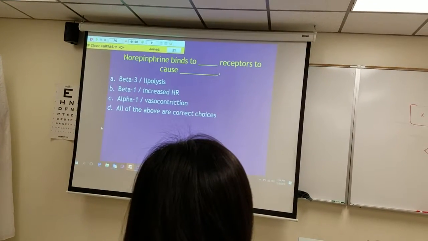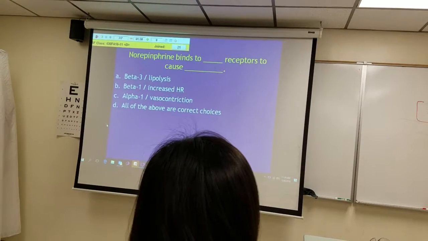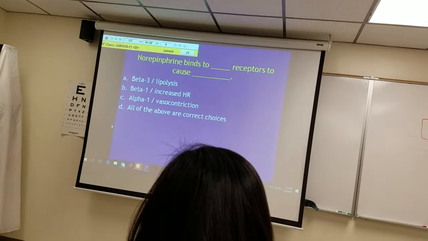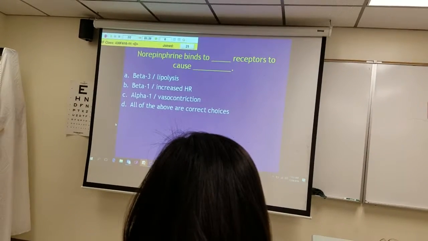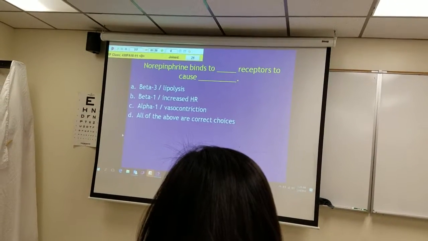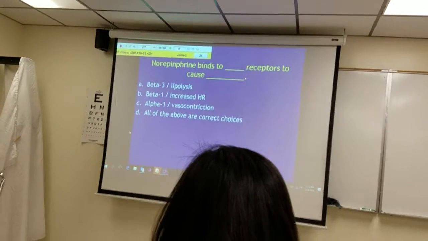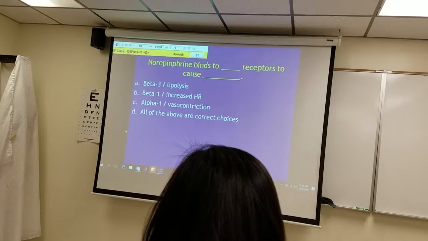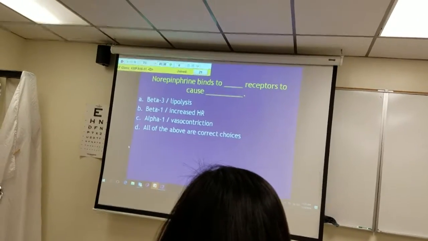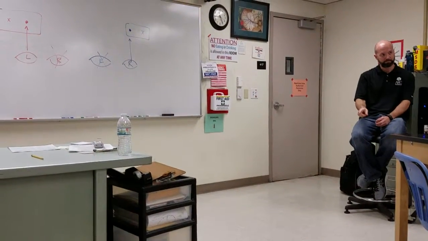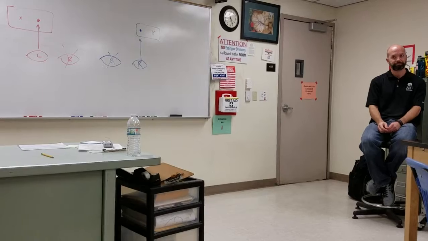Alpha 1 are found on, what does vasoconstriction refer to? Vasovessel constriction, constriction of blood vessels. So blood vessels have alpha 1 receptors. Blood vessels also have beta 2 receptors. To help you remember the different responses, think beta 2 dilation, alpha 1 constriction.